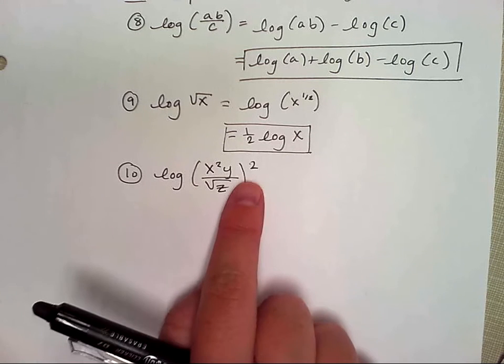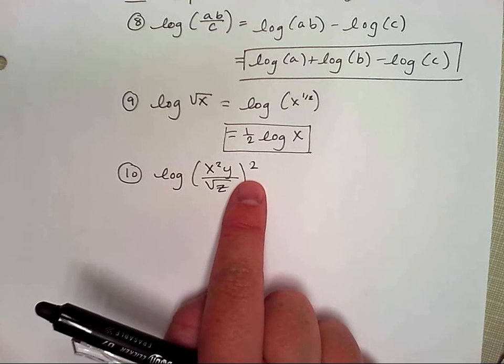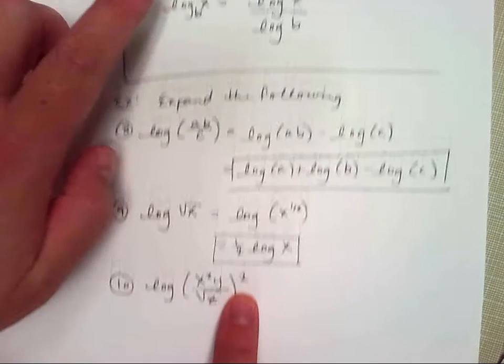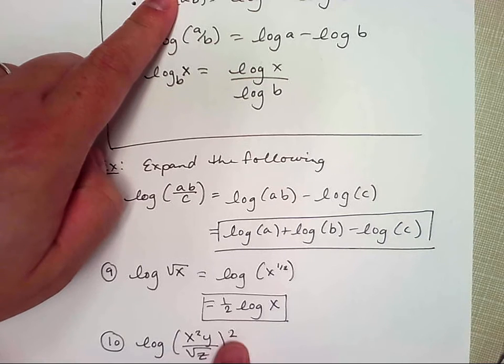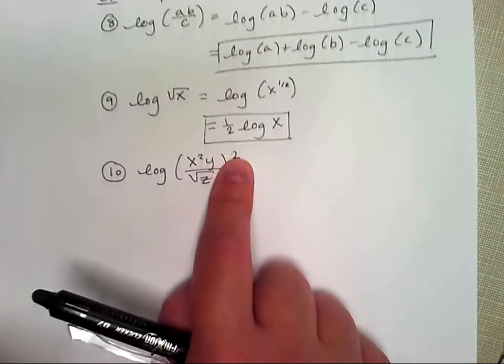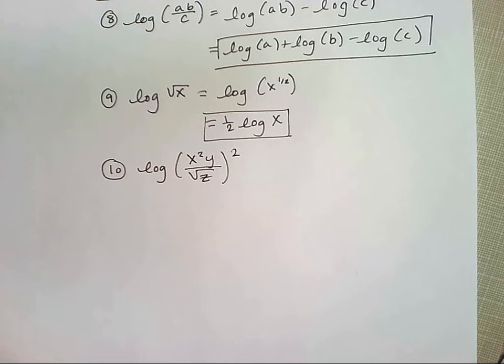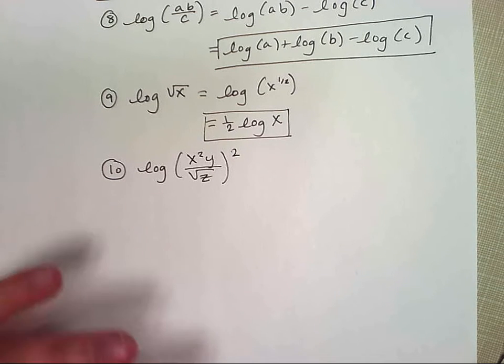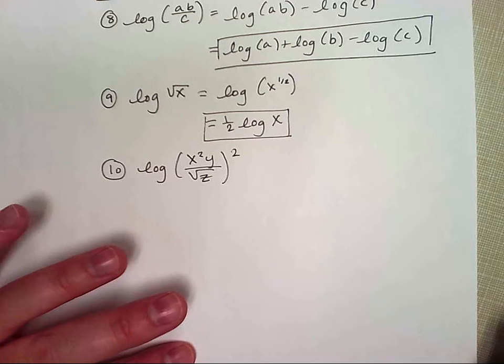What do you guys think about the squared here? It's the whole thing squared. Yeah. It's the whole thing squared, so I cannot use the first rule on this squared. Because that power is on the inside of log, that's when I can move it out to the front. If that power is on the outside of log, tough cookies. Okay?